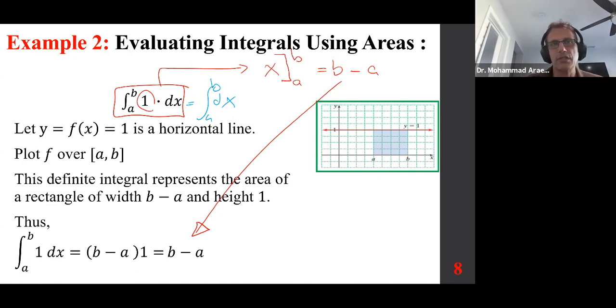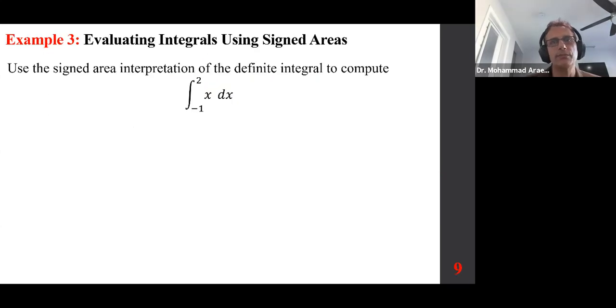To make some more sense out of this, let's look at this one. We want to use the same concept, the signed area interpretation of the definite integral, to compute this. So first and foremost, what is our function?